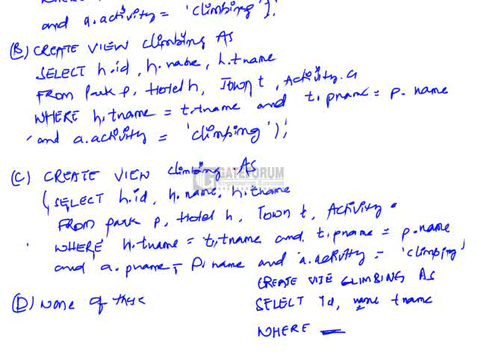Climbing is the view name, and as is part of the syntax. In select we mention the attributes which we want to display: ID, name, and tname. From, here we forgot the from clause. From is followed by the table names, and where, in the where clause, we will mention the condition.